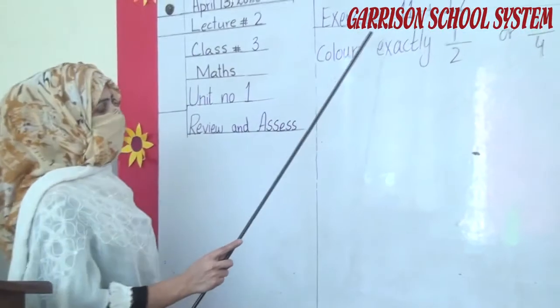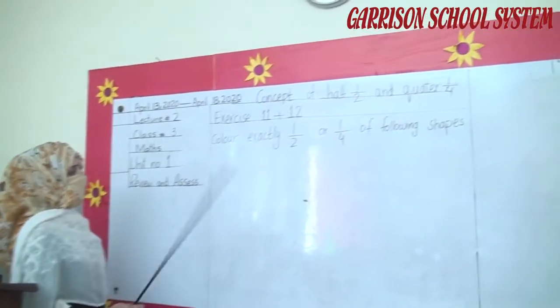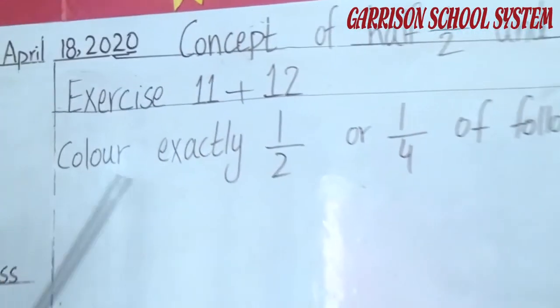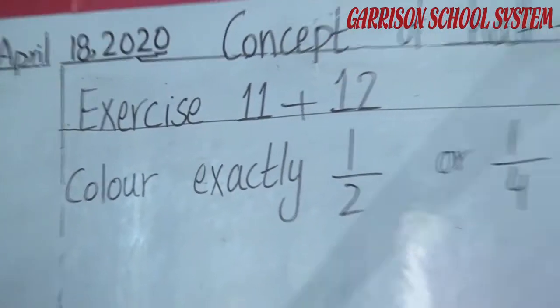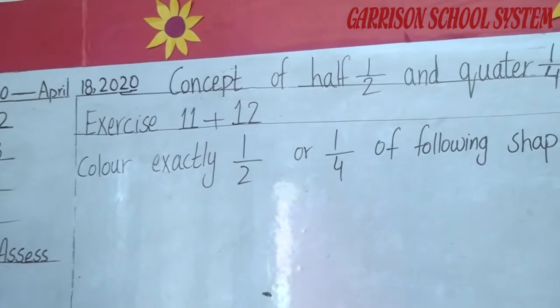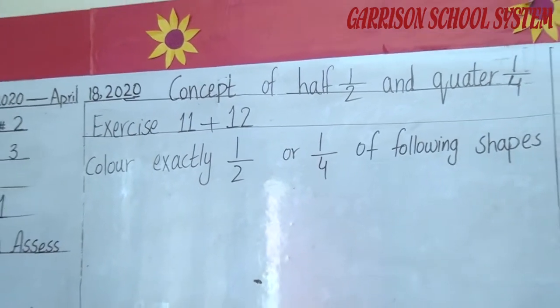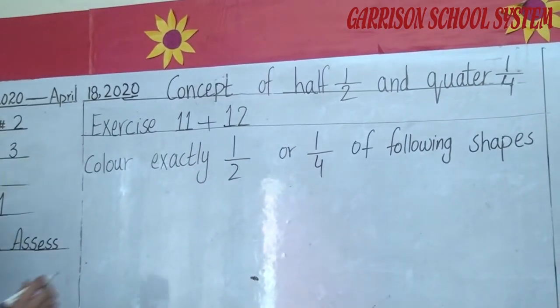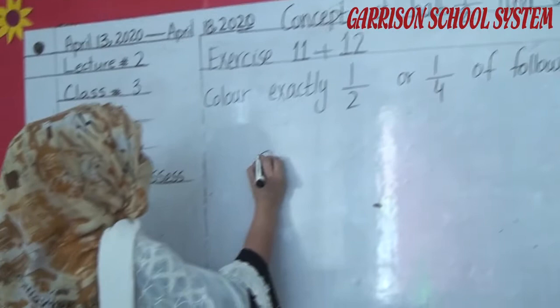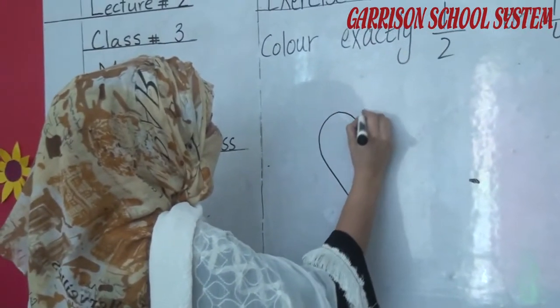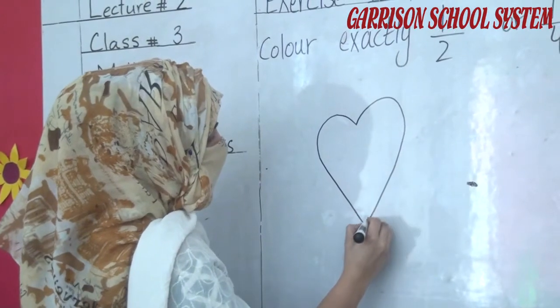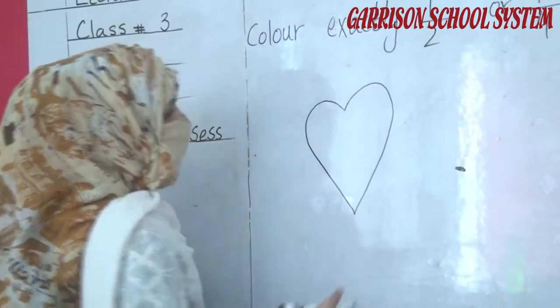Next exercise number 11 plus 12. And the statement is color exactly 1/2 or 1/4 of the following shapes. First of all, I will tell you what is 1/2. Here is a shape of a heart.